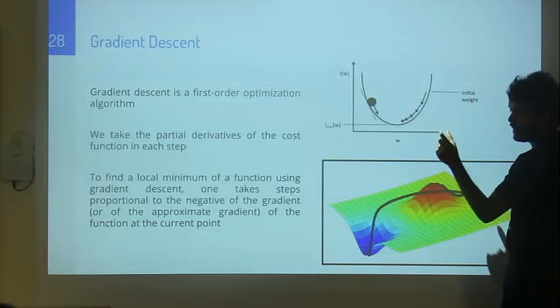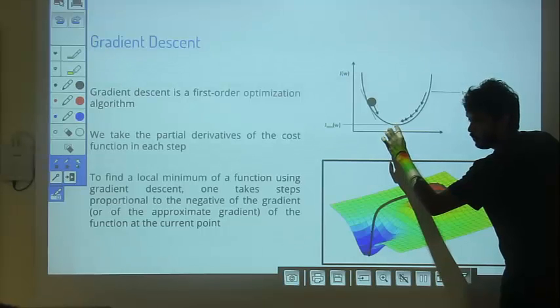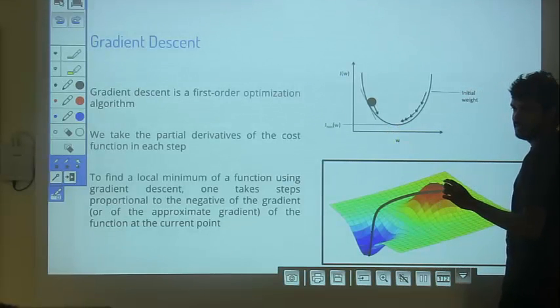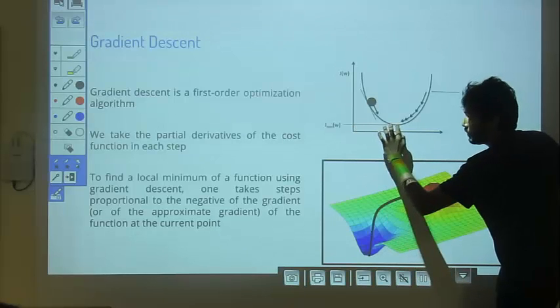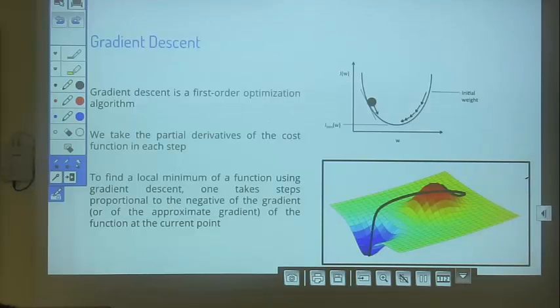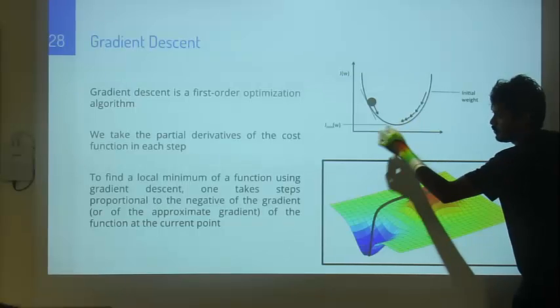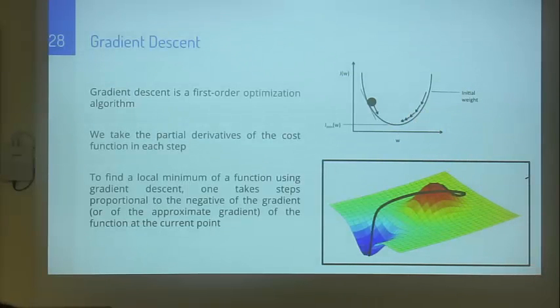If we draw a line at the minimum point, what would the m be? 0. So if we could find the line to this curve where m is 0, we can tell that this is our minimum value. That's what the gradient descent algorithm does.